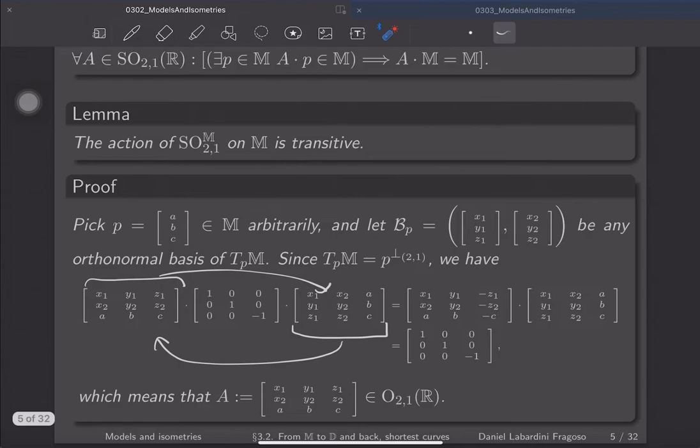The strategy was, as usual, to take one point, which was the North Pole, (0,0,1), and then show that for any other point there is always an element of the restricted Lorentz group that takes (0,0,1) to that point. The trick was to take an orthonormal basis of the tangent plane at the point I want to reach from the North Pole.